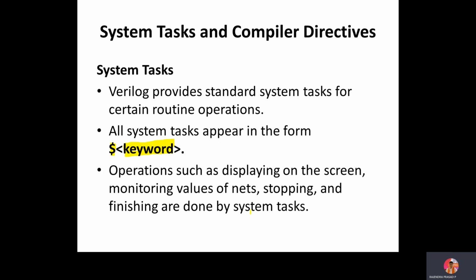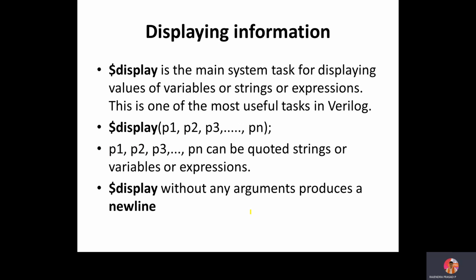When we are writing a program, if it enters an infinite loop, I need to stop it and finish that task. So these system tasks play a vital role in those circumstances. That is why they are very vital, similar to the compiler directives.